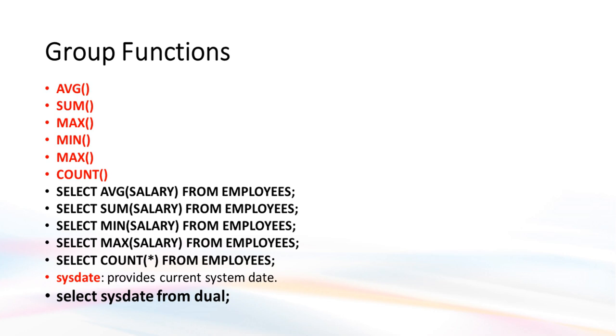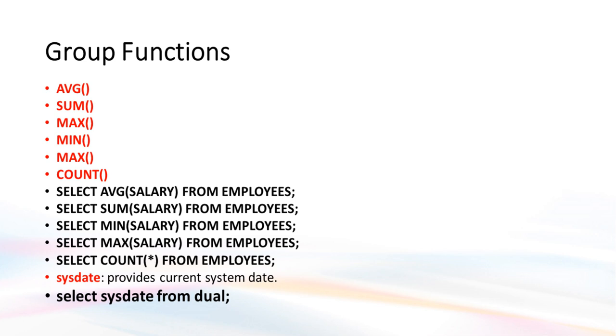Under group functions, we have AVG, sum, max, min, and count. These functions work on multiple rows as a group of rows, and that's the reason they are called group functions.